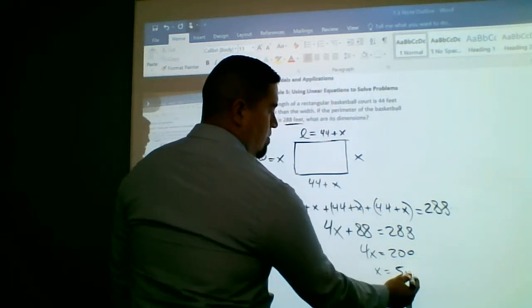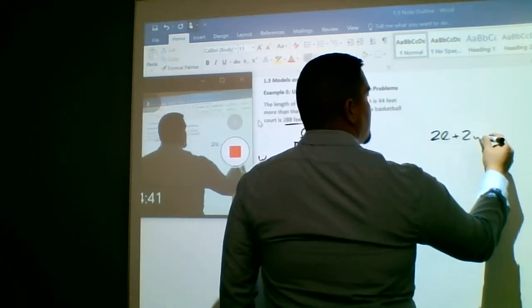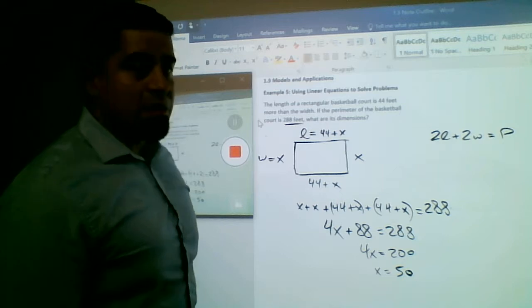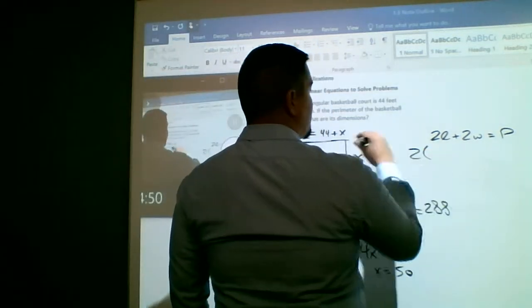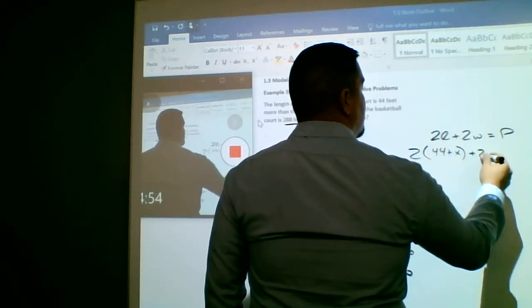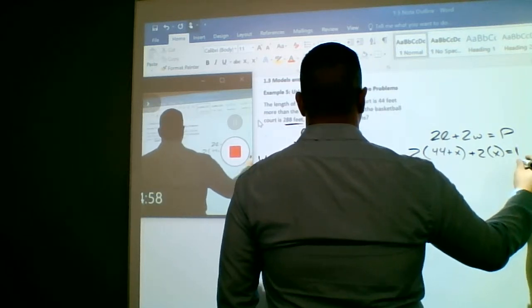Okay. And just to show it another way, remember from back when, that's the formula for perimeter. So if the length is 44 plus x, I can put 44 plus x here, and the width is x, and the perimeter is 288.